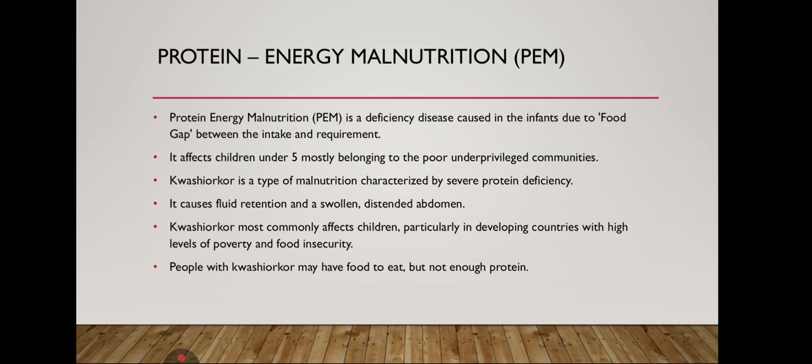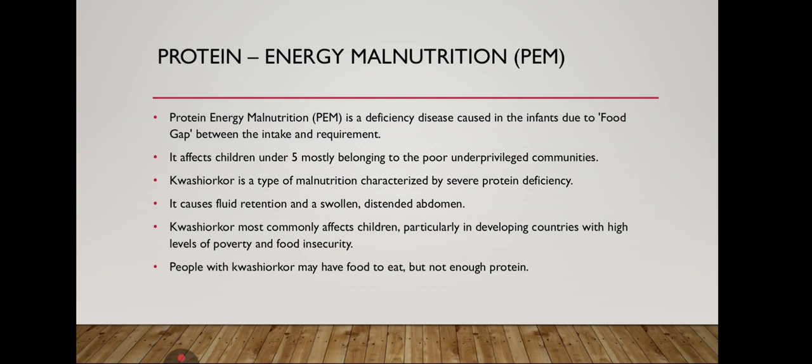In this, Kwashiorkor and marasmus are also types of diseases. Kwashiorkor has a severe protein deficiency. Lack of protein is said to be Kwashiorkor disease, and it causes fluid retention in the person's abdomen, and they are swollen, with a bulging face or bulging stomach.